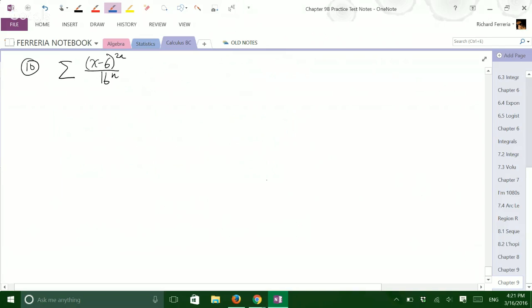That's the reaction I'm looking for all this time. This is geometric. It is equal to 1 plus x minus 6 squared over 16 plus x minus 6 to the 4th over 16 squared plus x minus 6 to the 6th over 16 cubed. Yeah, that's geometric.